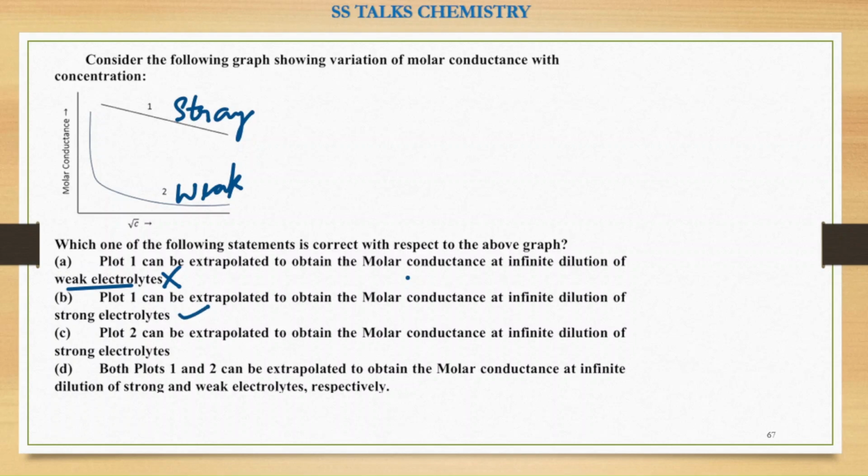This is true because you can easily extrapolate it to find the conductance at infinite dilution, and this is for the strong electrolytes. Next, plot 2 can be extrapolated for the molar conductance at infinite dilution for the strong electrolytes. Neither is it for the strong electrolytes, nor can the curve be extrapolated. Next, both plots 1 and 2 can be extrapolated. Again incorrect, the second one we cannot extrapolate. So the correct answer is option B in this case.